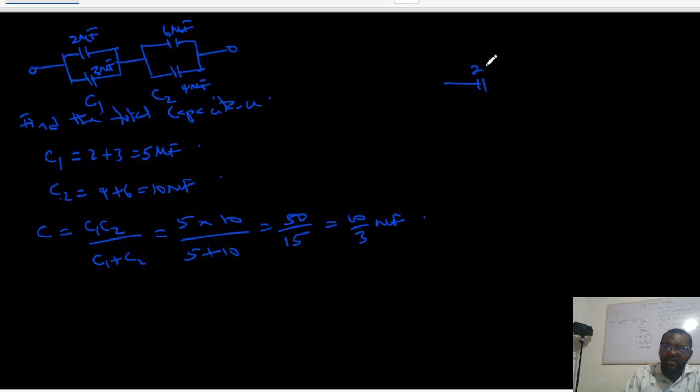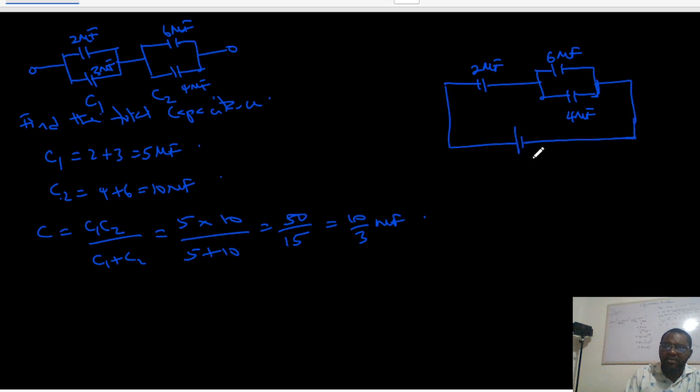Let's say this is 2 microfarad, this is 4 microfarad, and this is 6 microfarad, and they are all connected to a voltage source, and let's say the voltage source is 20 volts. And now we are asked to find some things, like for example, the total charge stored.